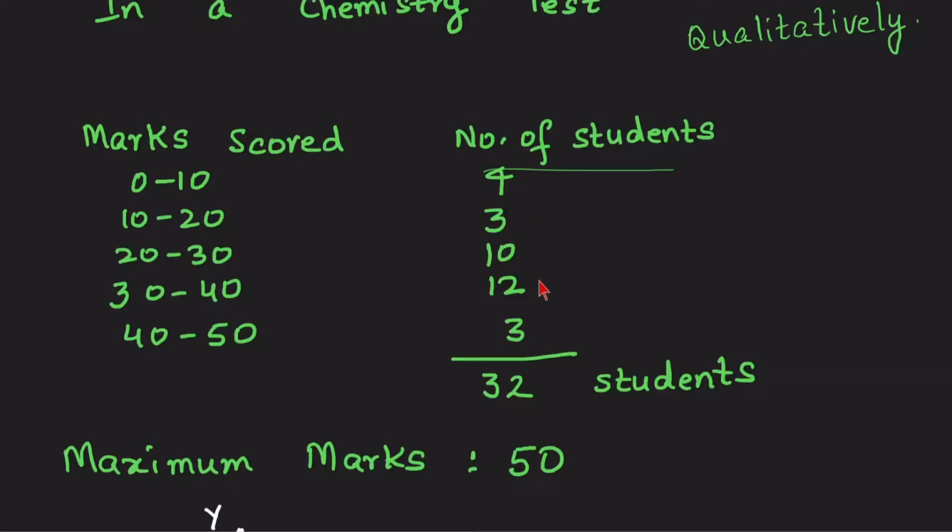So we've got 22 students lying in this range. Few students are lying in the range of 0 to 10 and very few students in the range of 40 to 50. Yes, we are all aiming for that, right? The total marks of this test are 50.